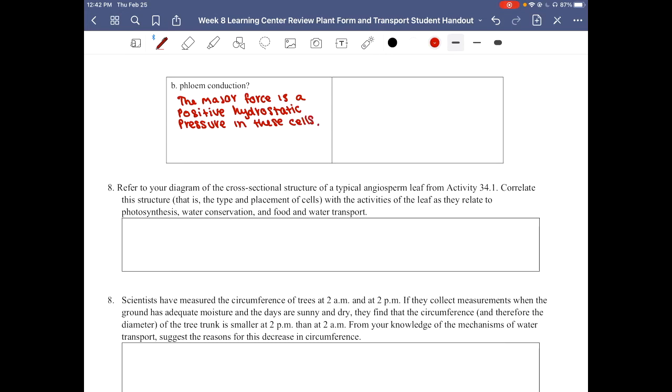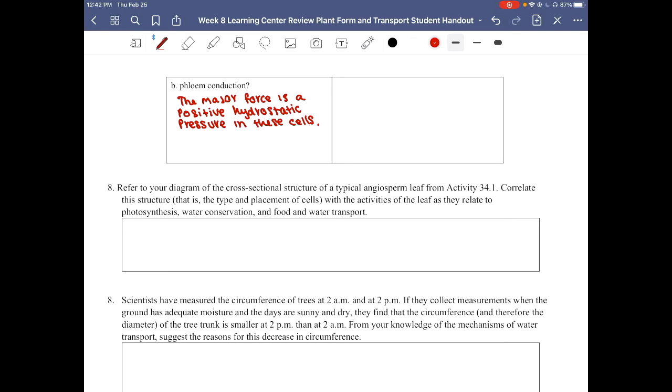And how this hydrostatic pressure comes about is there's a difference in water potential in the phloem compared to the xylem, right? And sucrose is being actively transported into the phloem. So this potential difference is also going to pull the water out of the xylem and into the phloem.